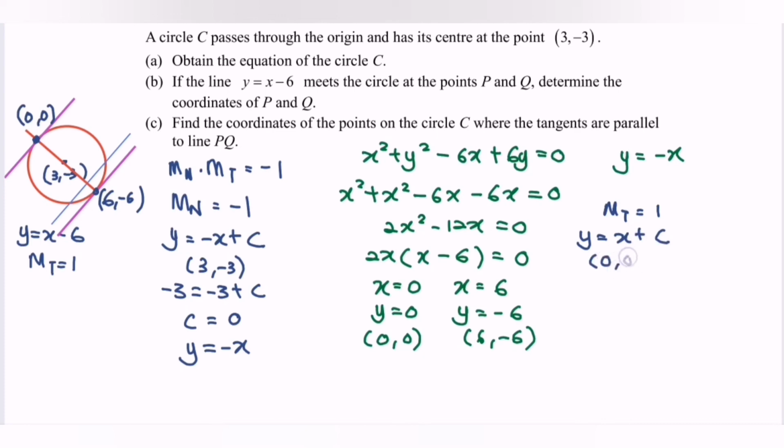If we substitute 0, 0, then c equals 0. So y equals x. That is the first tangent. For the second tangent, we have the coordinate 6, -6. If we substitute, c will be equal to -12. So the tangent would be y equals x minus 12. That will be the second tangent.